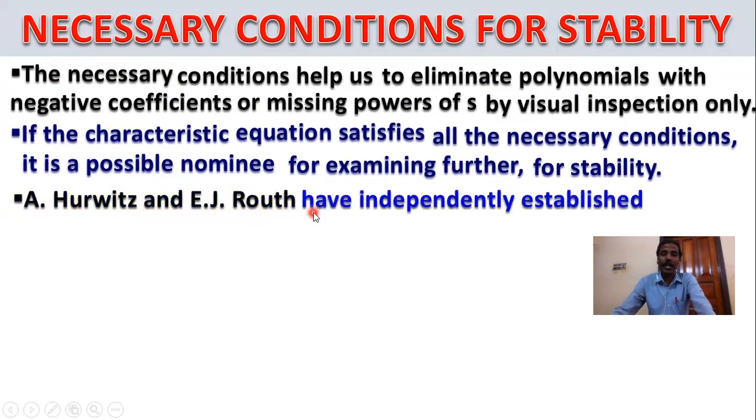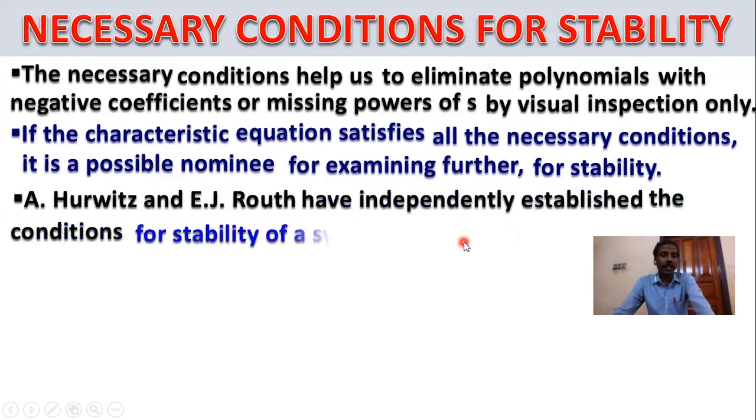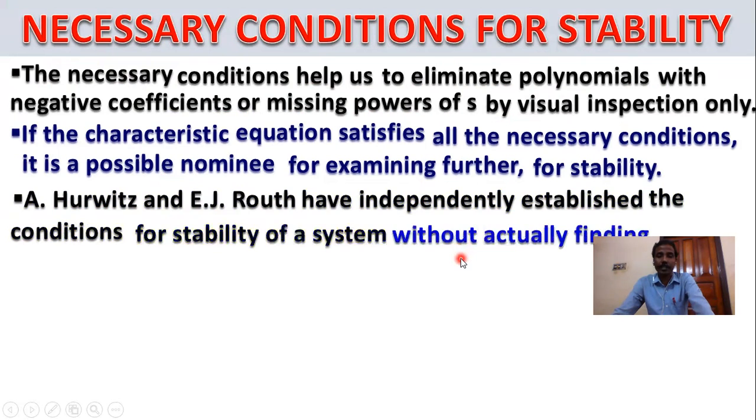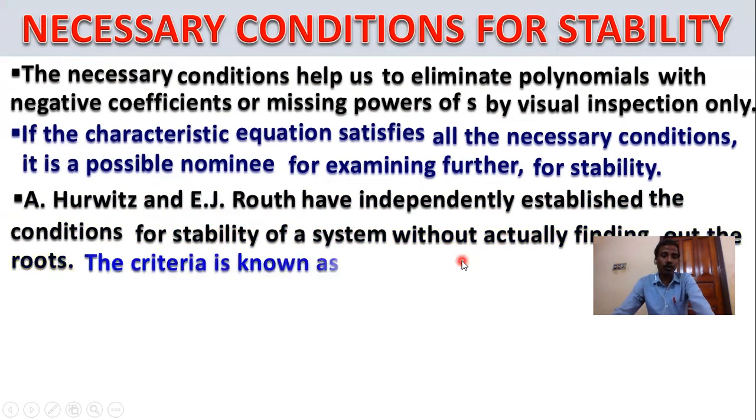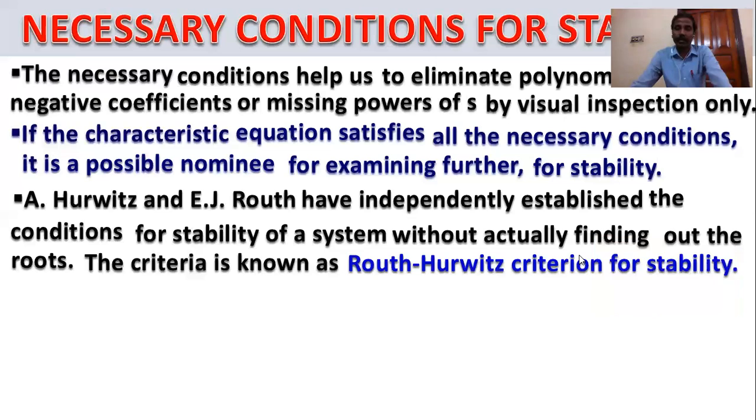A. Hurwitz and E.J. Routh have independently established the conditions for stability of a system without actually finding out the roots. The criterion is known as Routh Hurwitz Criterion for stability.